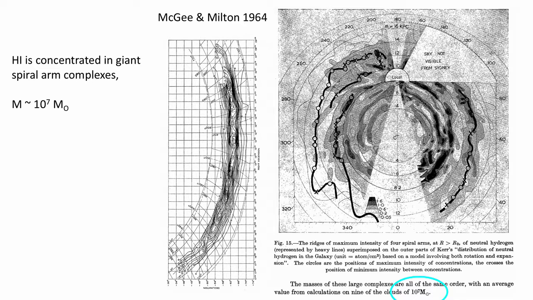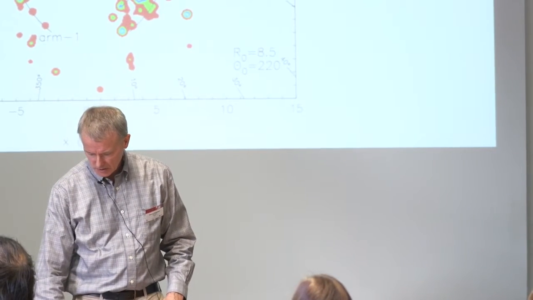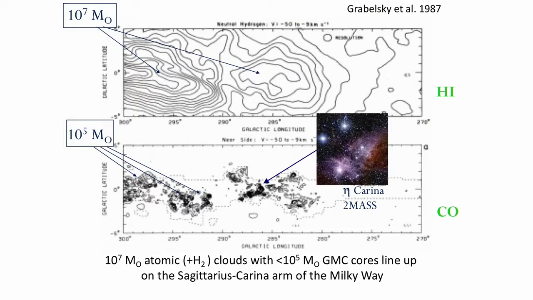If we look now at CO, from modern observations, here's that arm, you can see it's lumpy also. It's not smooth. The molecules are concentrated inside big H1 clouds. So here shows this as viewed from the sun. This is negative velocity, so this is inside the solar circle in the 4th quadrant, so it's coming toward us, from 270 to 300 degrees.